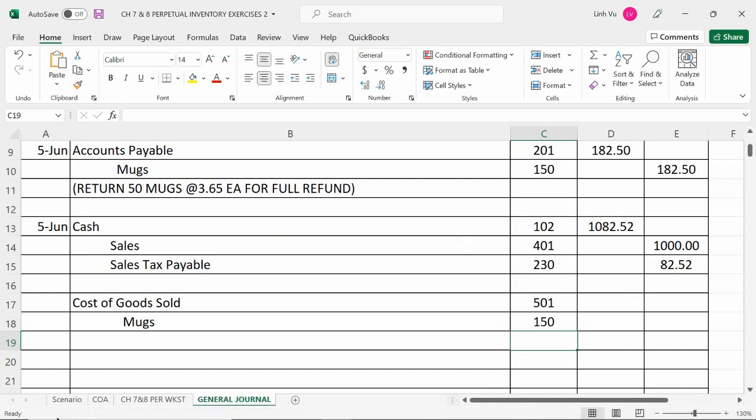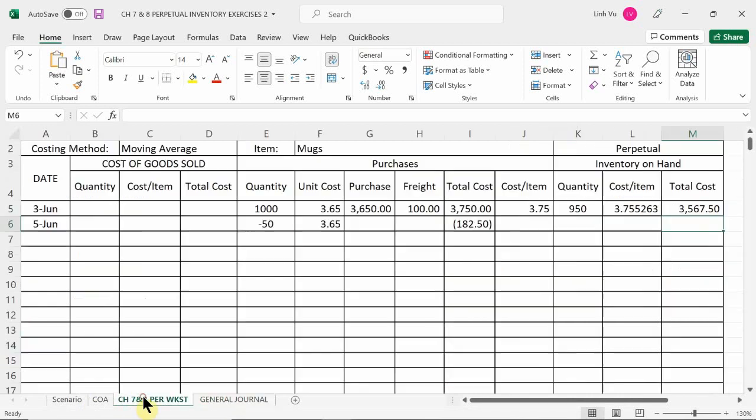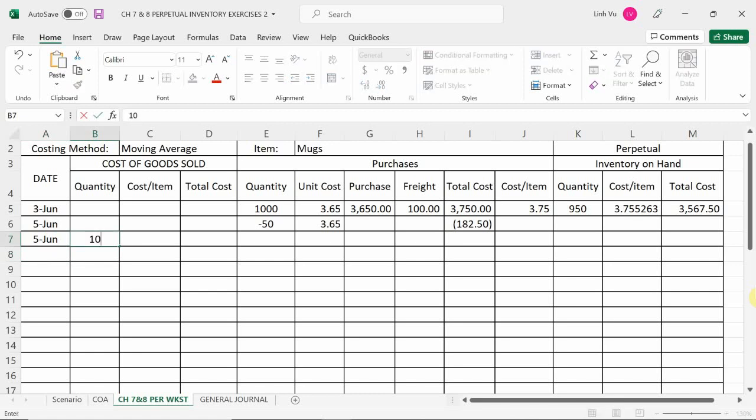Okay. So then let's go ahead and plug those numbers into our inventory worksheet, because we need to solve for how much it's going to cost me to sell 100 mugs, right? So what's my cost per item going to be? 375 times 2.